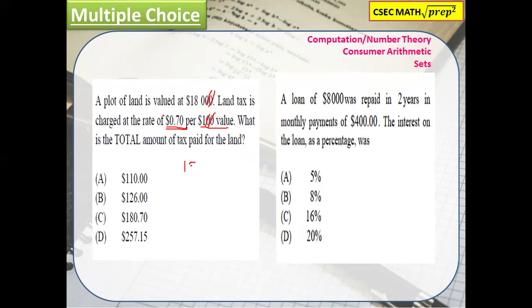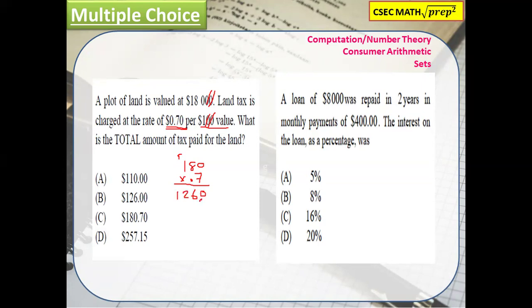So if you multiply 180 by the 70 cents, 0.7 of a dollar, then we can get 7, 8 is 56, and 7 1s are 7 plus 5, that's 12.